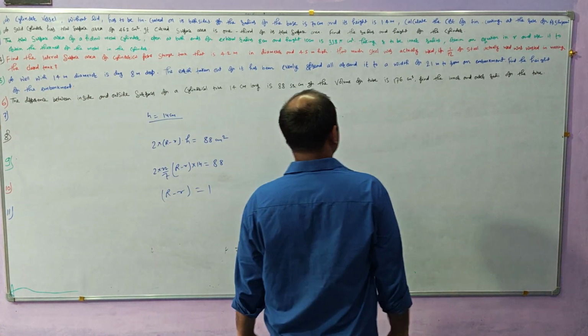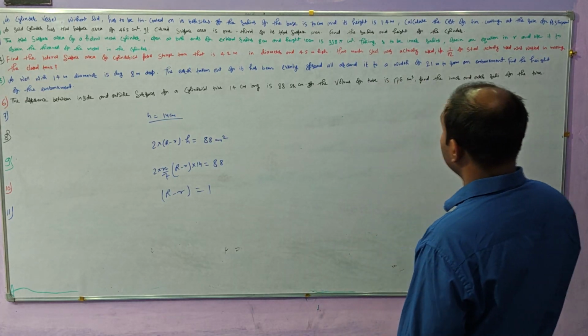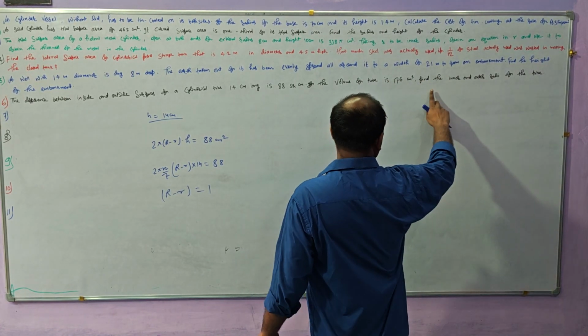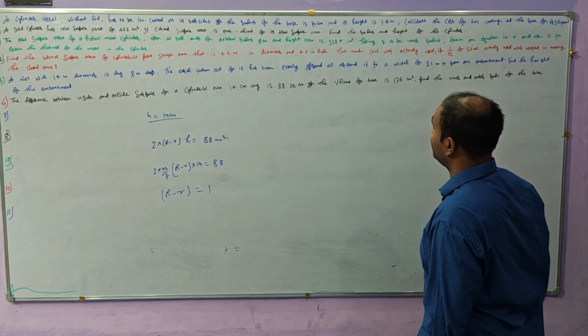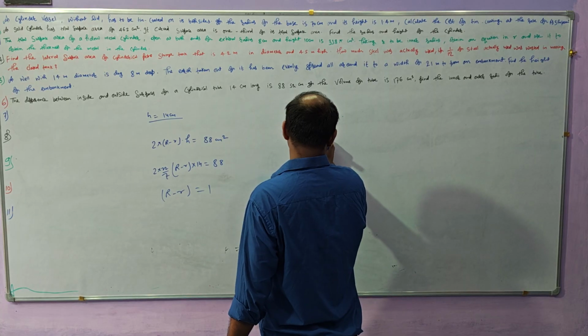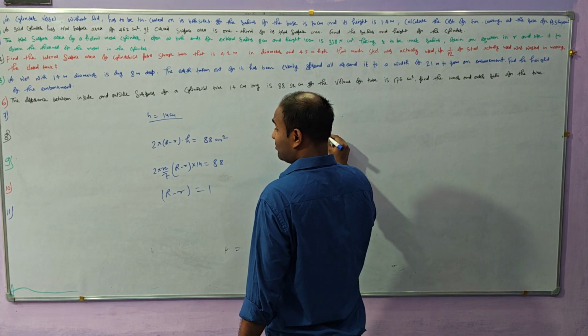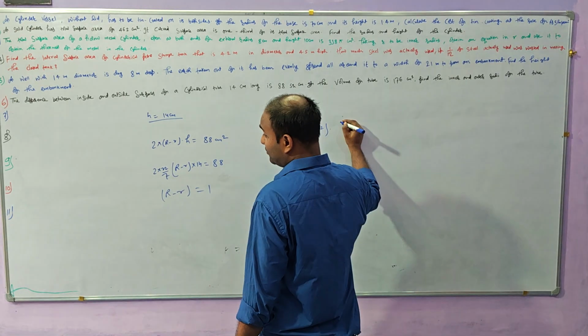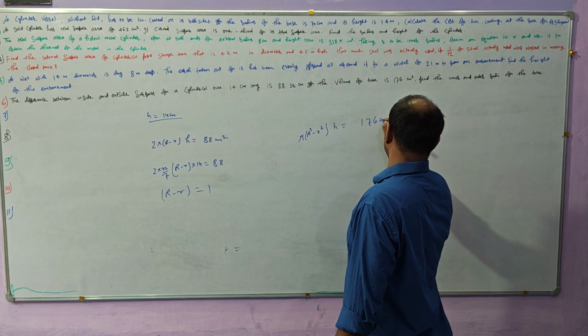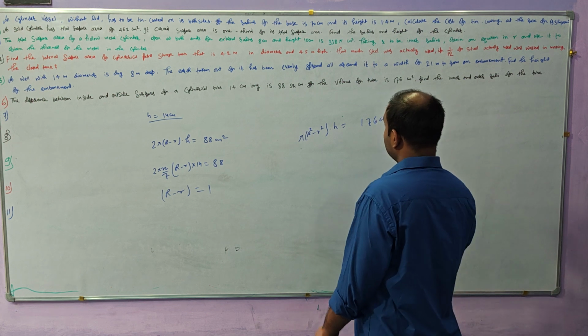Now we need to find the inner and outer radii of the tube, and we have the volume pi into R square minus r square into h equal to 176 centimeter cube.